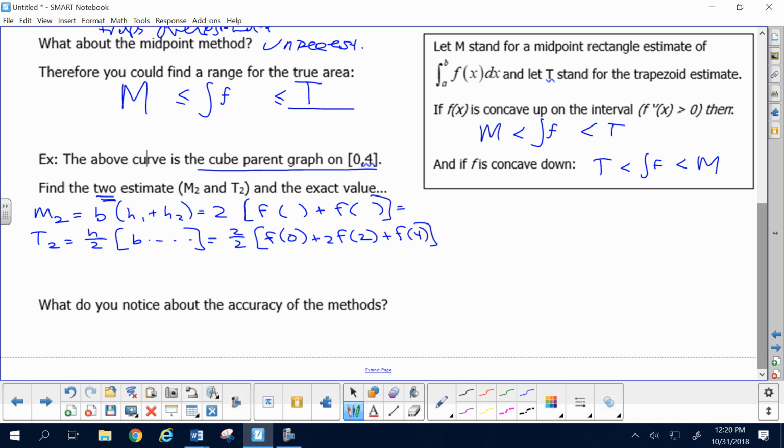I break it into 2 intervals, 0 to 2, 2 to 4, so the midpoints are at x of 1 and 3.